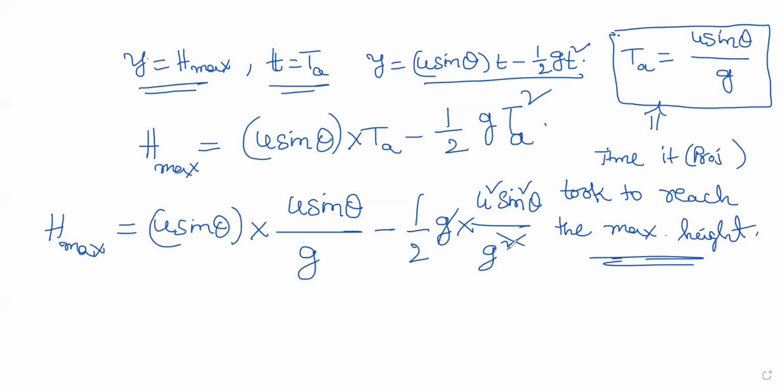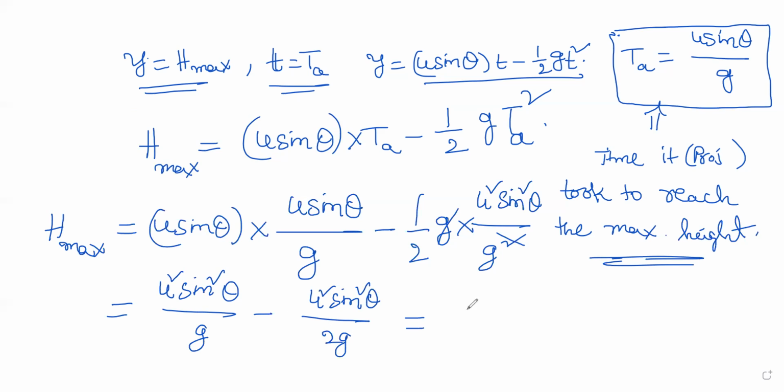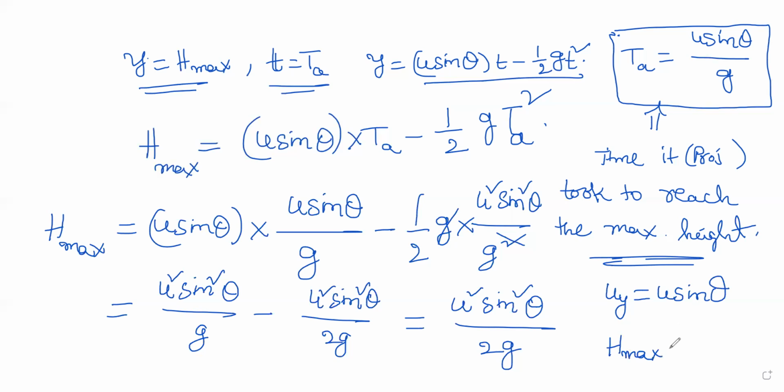So this one and this one get cancelled. You get u square sine square theta divided by g minus u square sine square theta divided by 2g, and this minus this happens to be u square sine square theta divided by 2g. This will be the equation of the maximum height. But we know that uy is nothing but u sine theta, so you get h max like this also, uy square by 2g. This is another way of remembering this. This is also very, very useful.